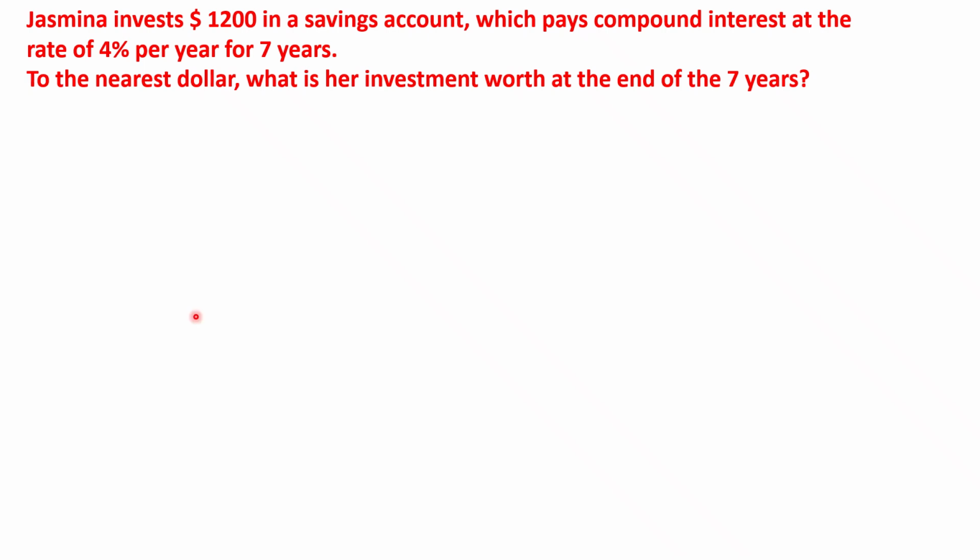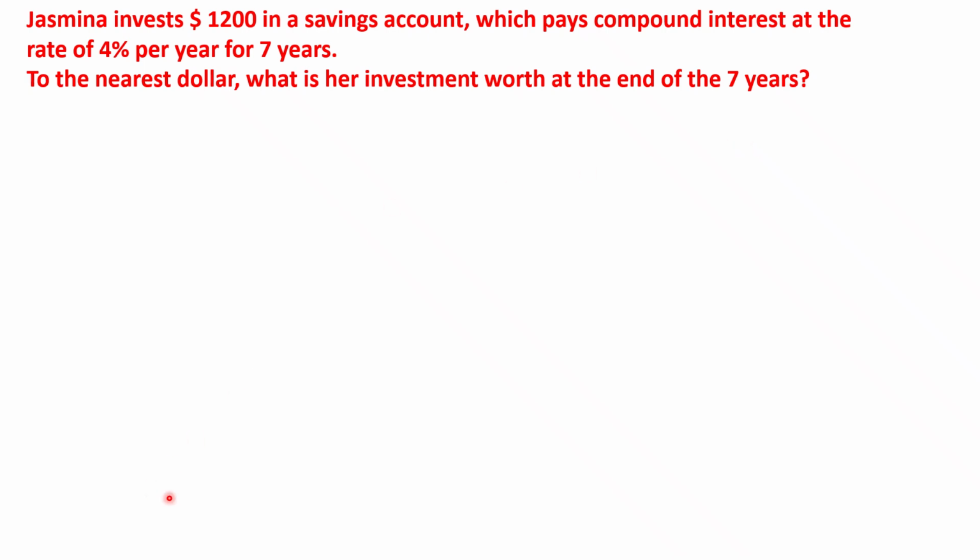We have to find the value to the nearest dollar. What is her investment worth at the end of the 7th year? So at the end of the 7th year, how much will she have? That we have to find out.